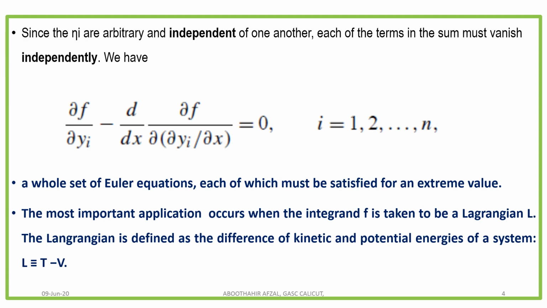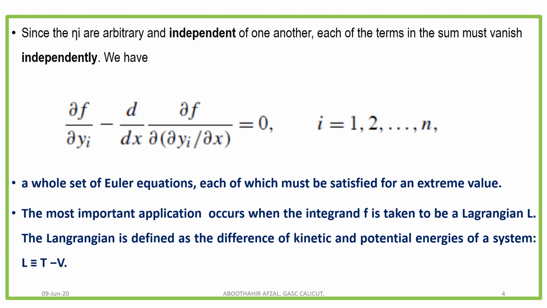As you know, the Lagrangian of a system is a very interesting function which represents the difference between the kinetic and potential energies of a system. So as we studied, Lagrangian L is equal to T minus V.